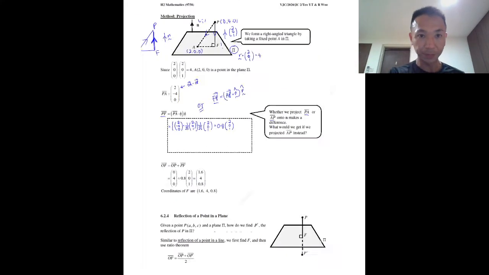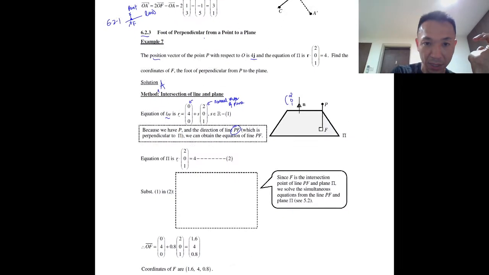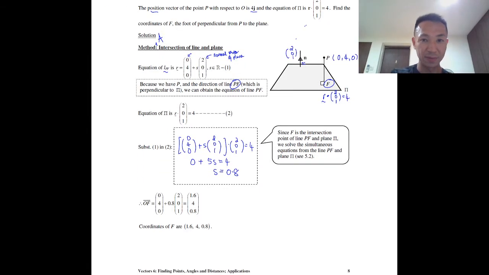Summarize again. There are two methods to find the foot of the perpendicular from a point to a plane. One, I find it easier if I can solve simultaneous equations: find the equation of a line, solve simultaneously. Done. Correct?